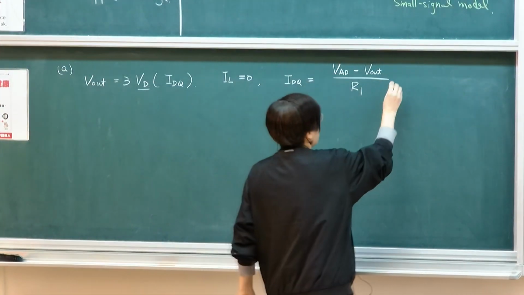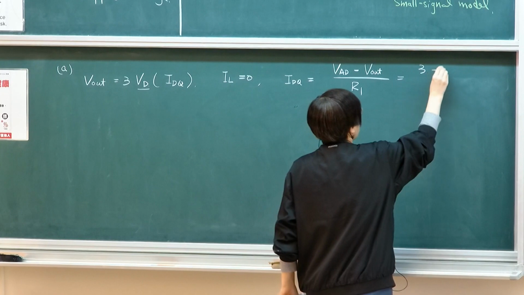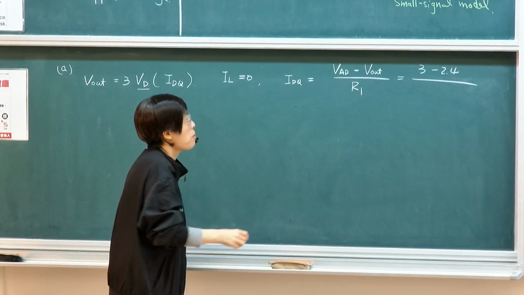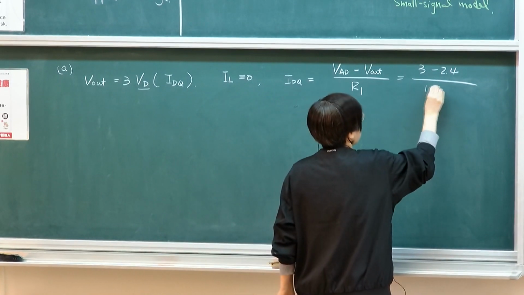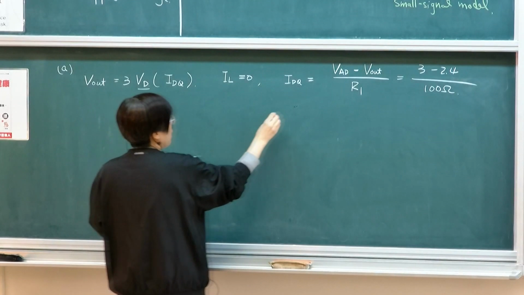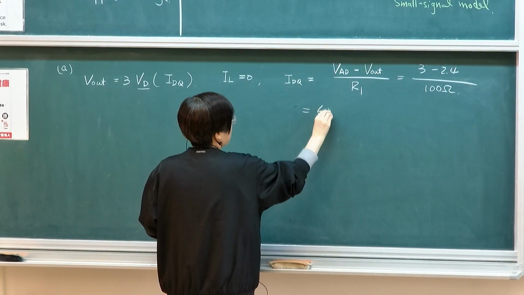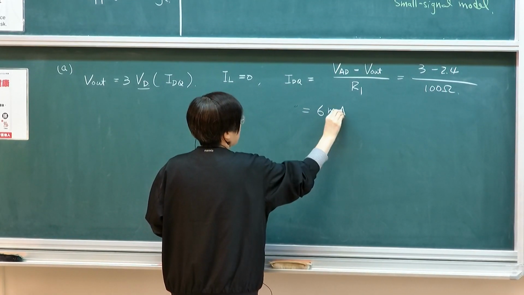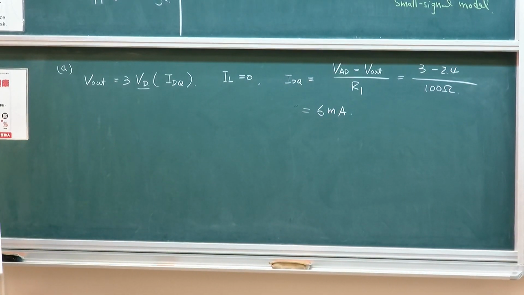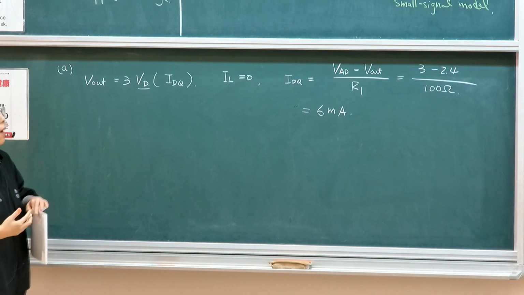So this will be 3 volt minus 2.4, which is our target. This is what you want to achieve, right? And that's 100 ohm. So the total current will then be 6 milliamp, right? You know that there should be 6 milliamp across these diodes.